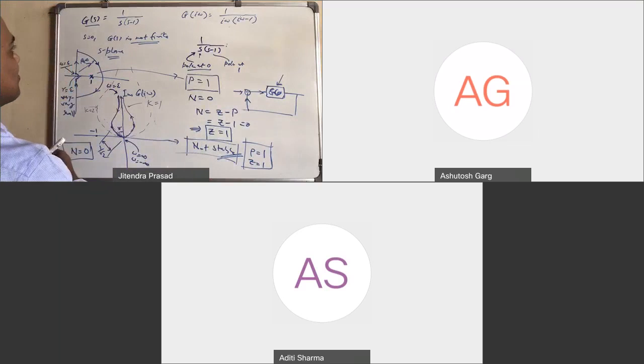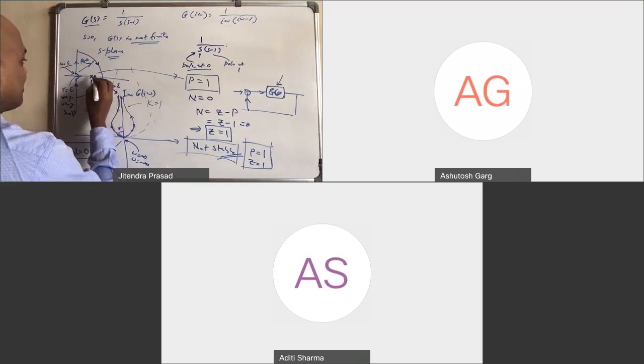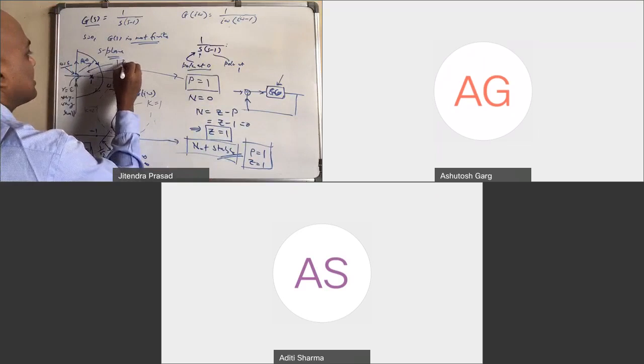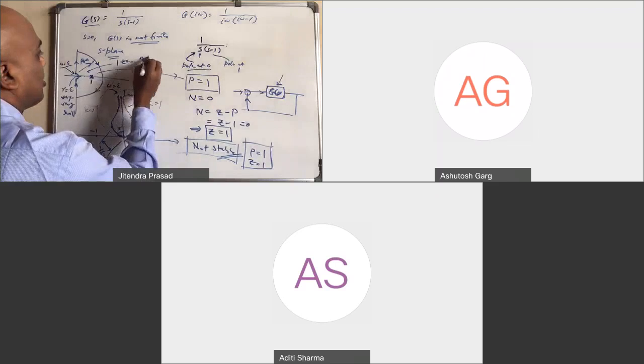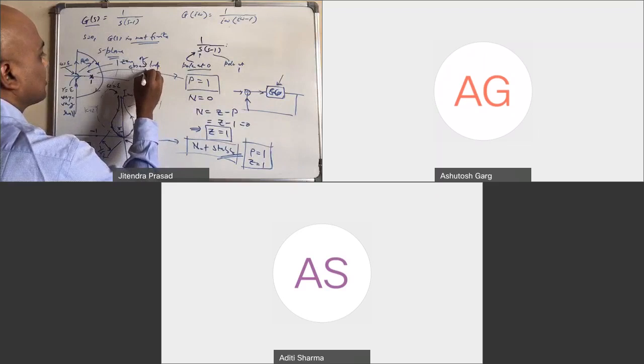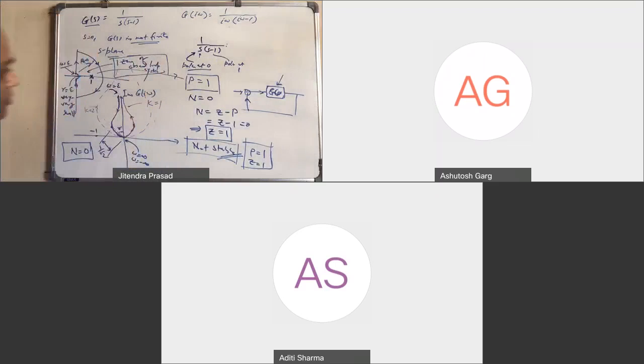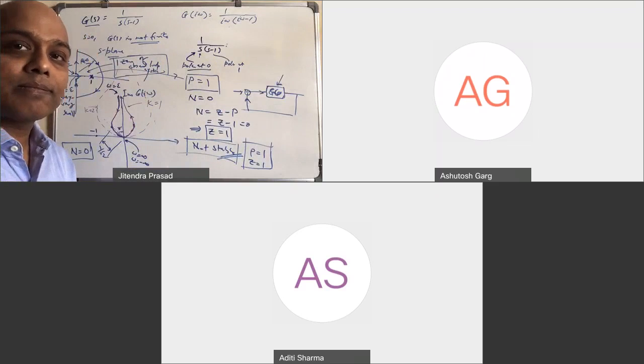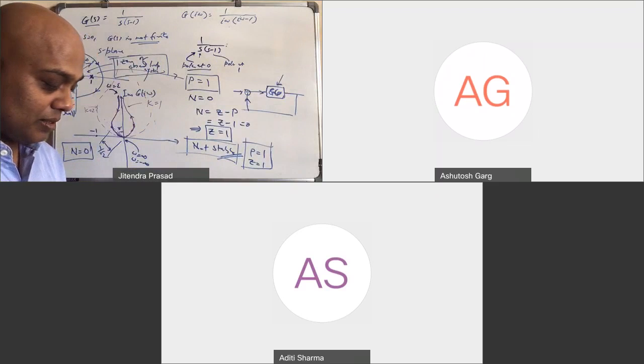There will be some zero somewhere for the closed loop system. That is what it tells you. Yeah, got it.